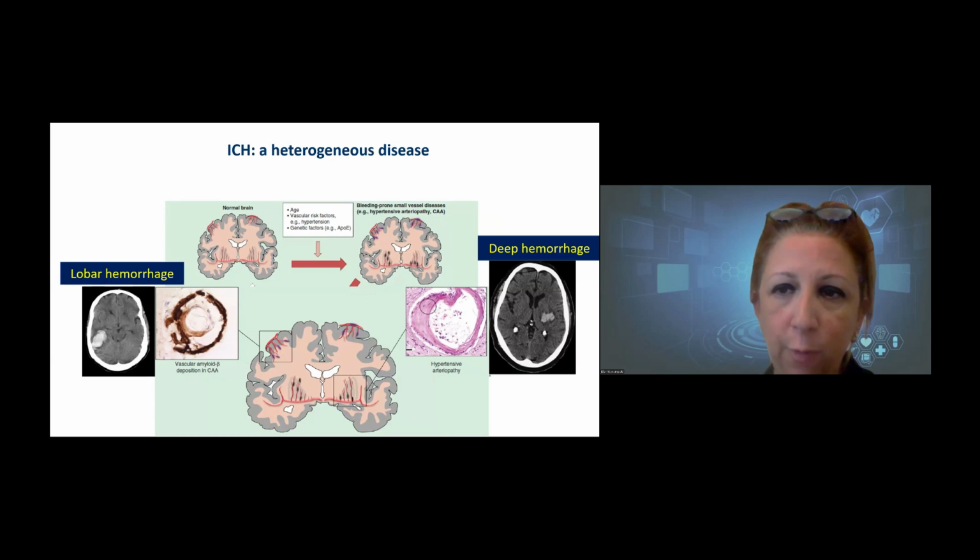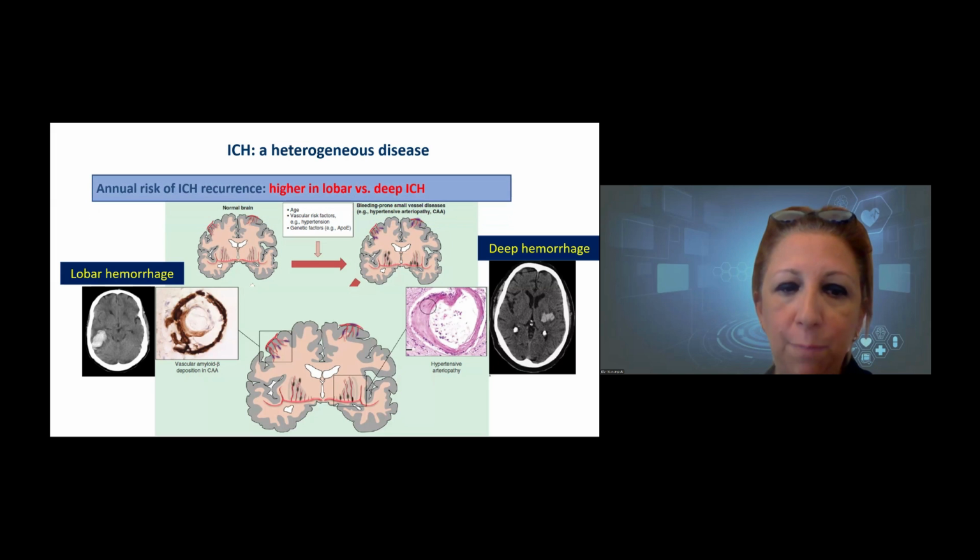And we do know from observational studies that patients with lobar ICH have a 2 to 3-fold higher annual risk of intracerebral hemorrhage recurrence. Lobar ICH location indicative of probable CAA, cerebral amyloid angiopathy, represents a major risk factor for recurrent ICH.